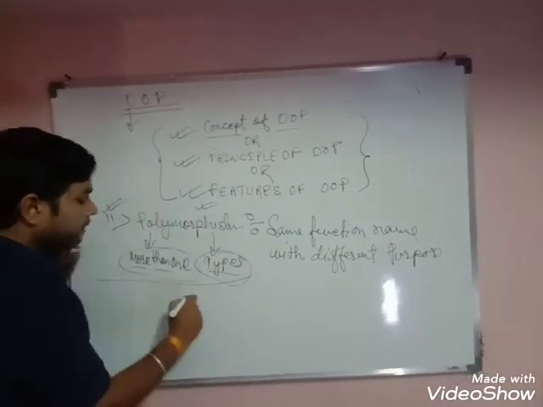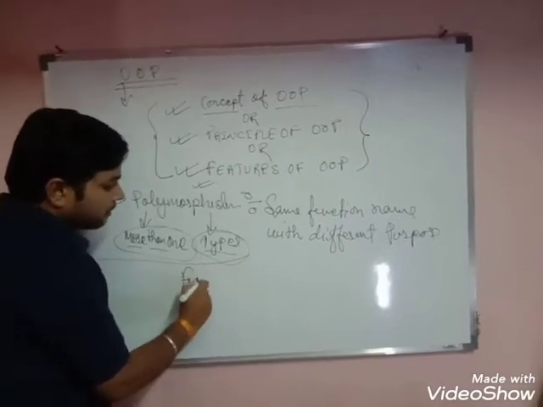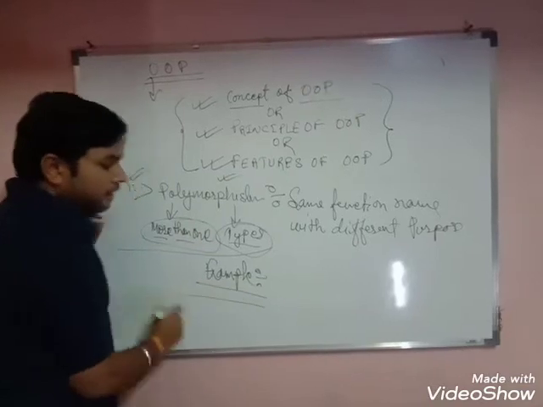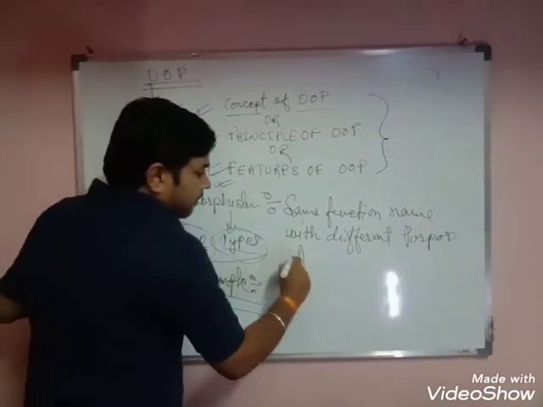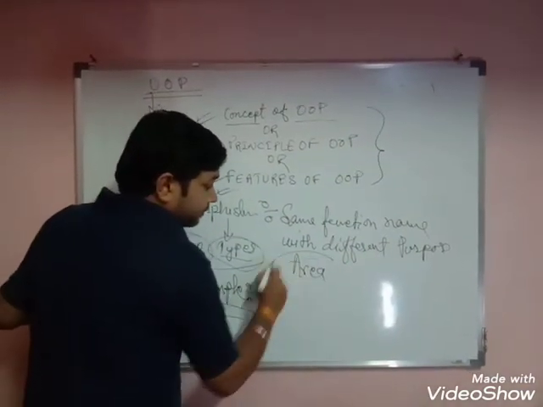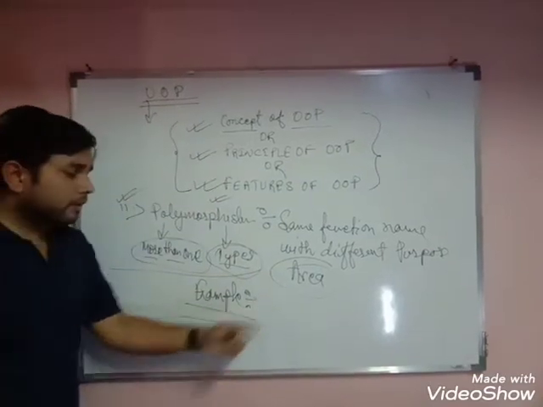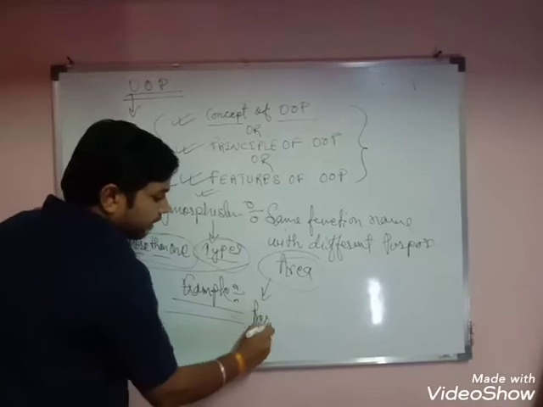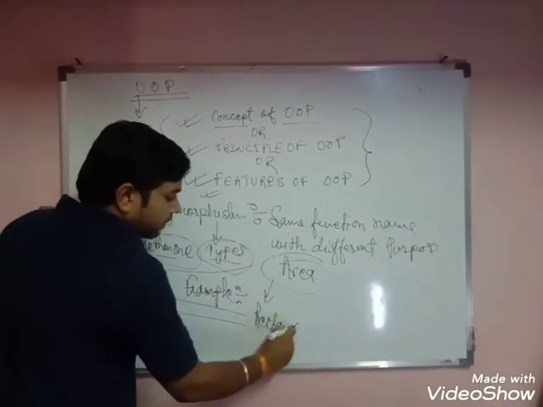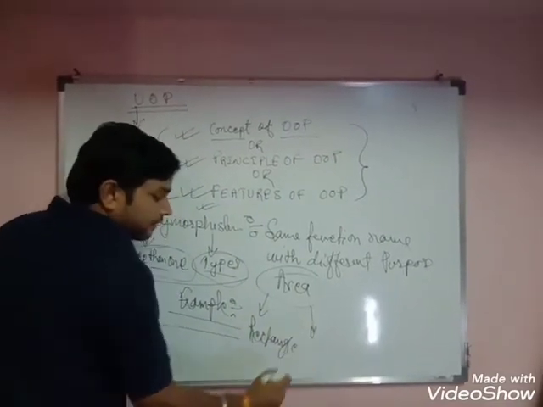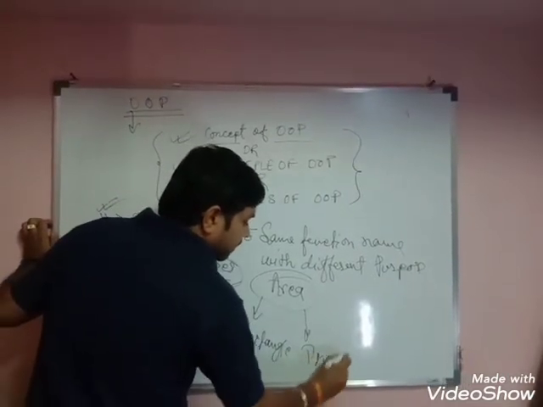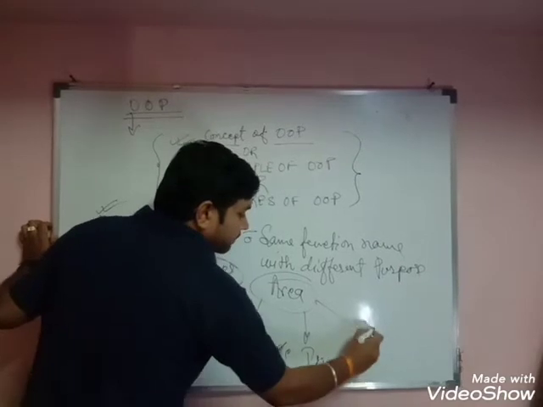This is an example of polymorphism, like area. Area is a function name. You can use this area for finding the area of a rectangle, the area of a triangle, and the area of a square.